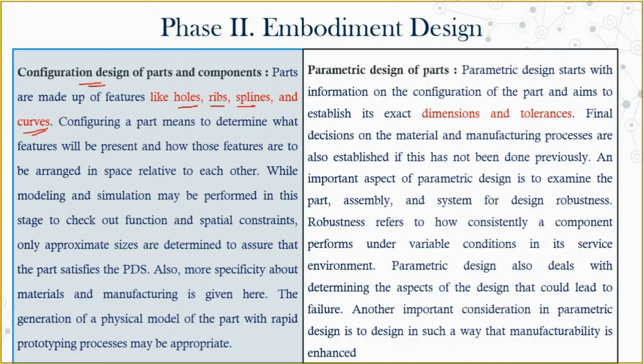Parametric design also deals with the aspects of the design that could lead to failure. So you have to check all the parameters. Ultimately you want to have a successful product, so you must finalize each and every component in a proper manner. So parametric design is over here.